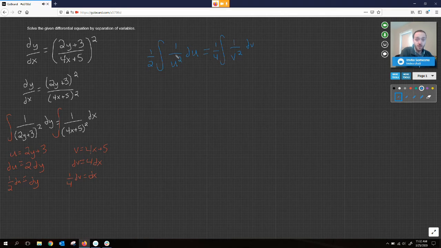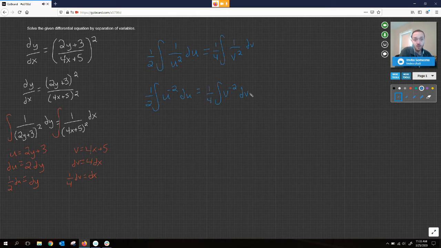So instead of saying 1 over u squared, I'm going to say this is 1/2 integral of u to the -2. And then likewise over here, this is 1/4 v to the -2 dv, because this is an integral I know how to solve, right?